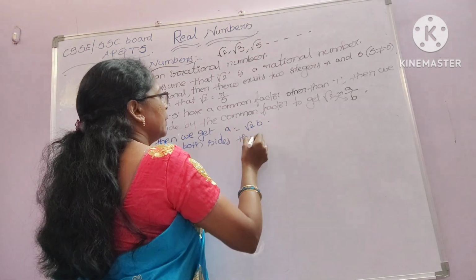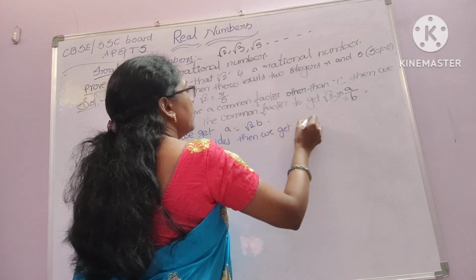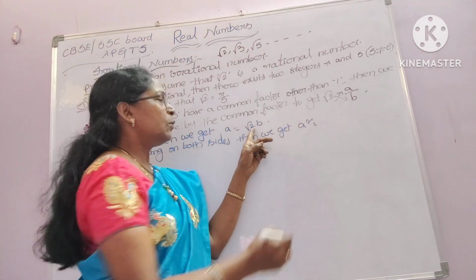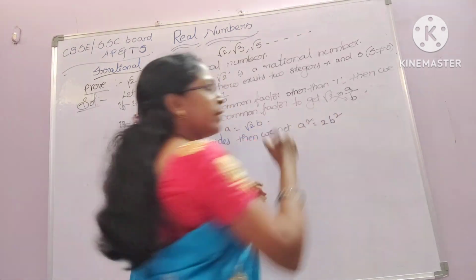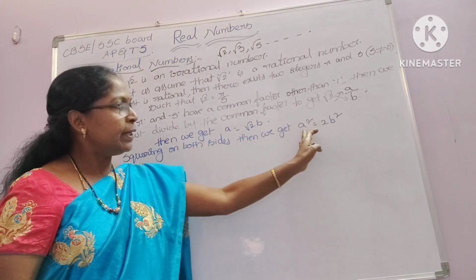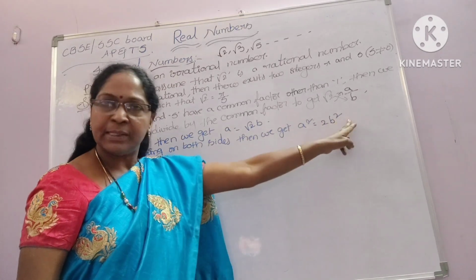Then what are we getting here? a square equals root 2 square, which is nothing but 2, and b becomes b square. Now here a square equals 2b square, and 2b square is nothing but 2 into b square.